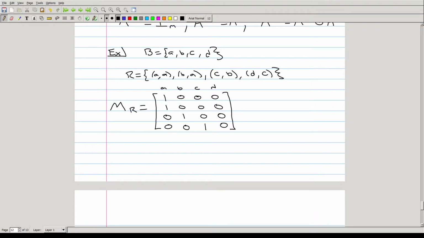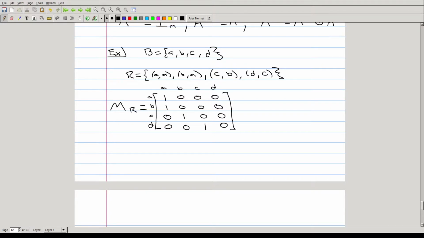Namely, if you think of the rows as being the first element in our relation, and the columns as being the second element in the relation, or the ordered pairs from the relation, A, comma A is in this relation R. So we have a 1 in the row and column corresponding to A, comma A, and a 0 elsewhere because there's no other elements in this relation that start with A. Likewise, we have a 1 in the entry row 2, column 1, because B, comma A is in this relation and zeros elsewhere.